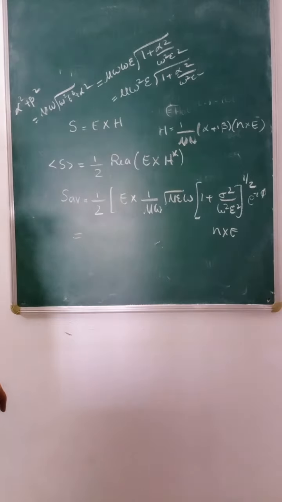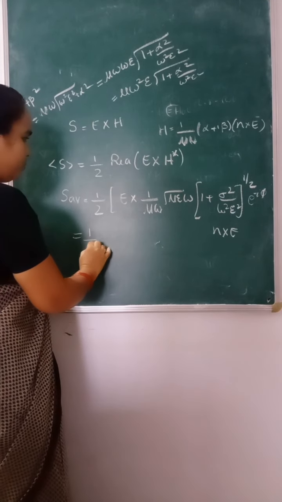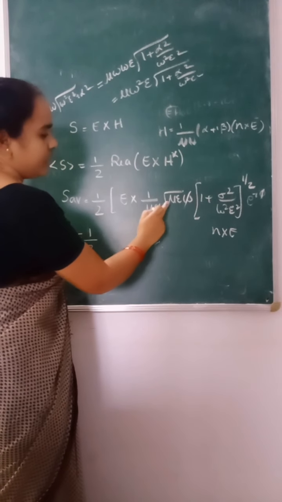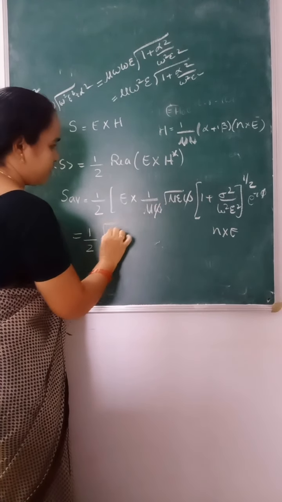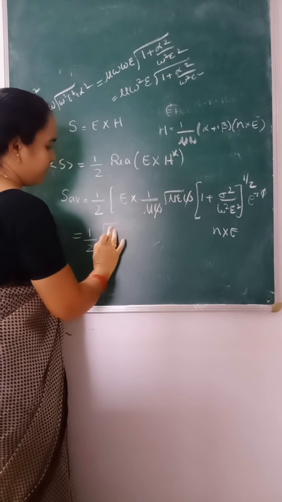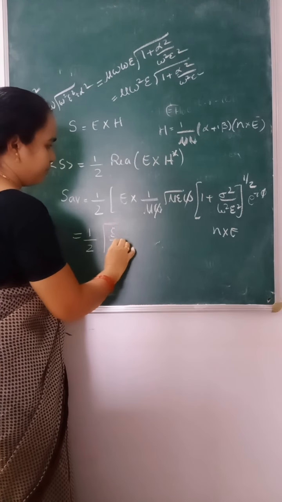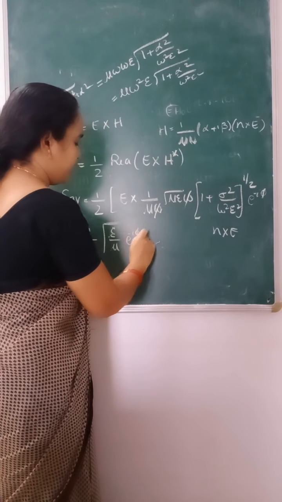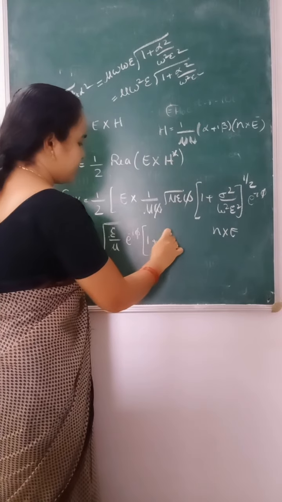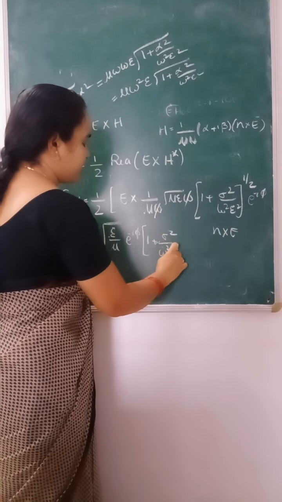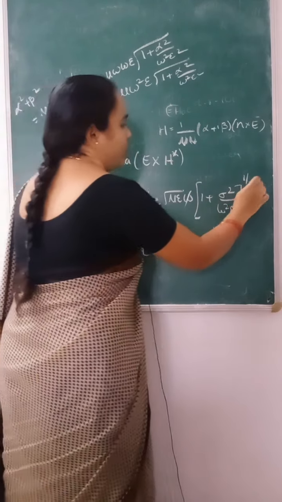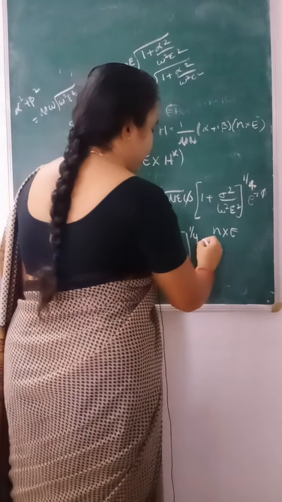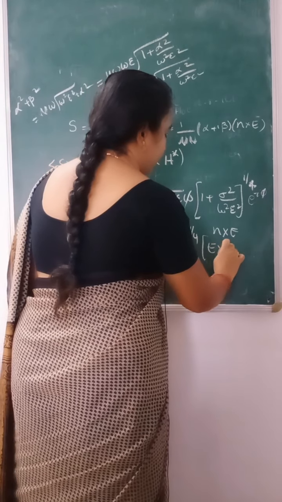So that is 1 by 2, omega gets cancelled, mu epsilon over mu gives root of epsilon by mu. Remaining terms are e power minus i phi, 1 plus sigma square by omega square epsilon square whole power 1 by 4, into E cross n cross E.